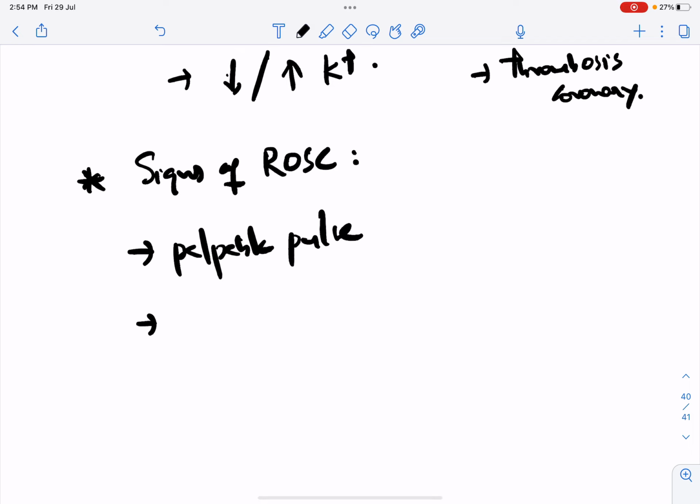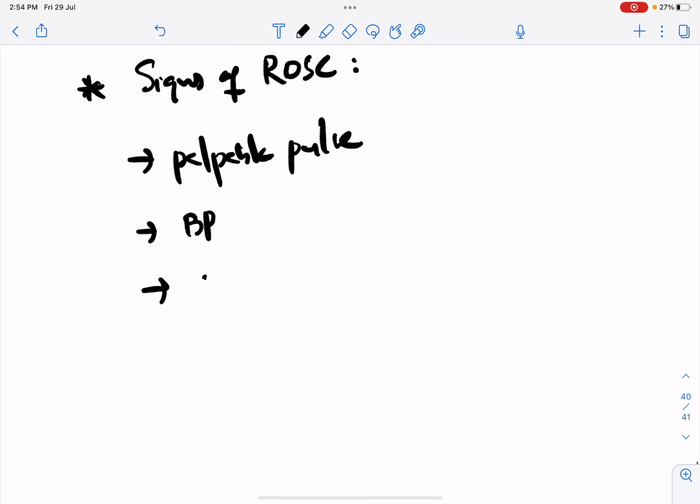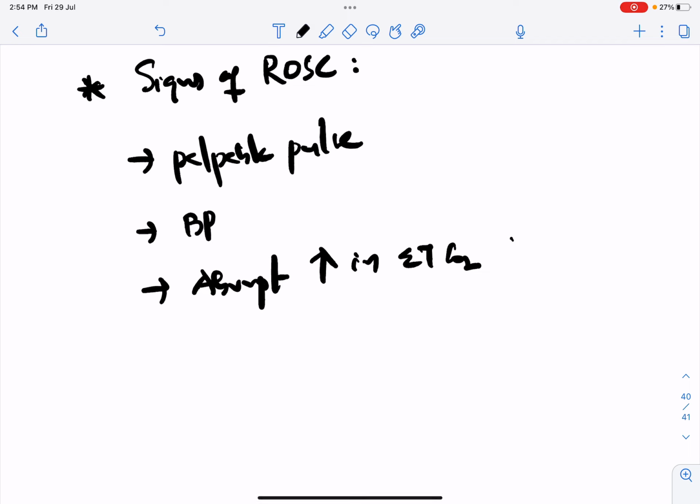Or if there is a BP on the monitor, and an abrupt increase in EtCO2, typically more than or equal to 40 mmHg.